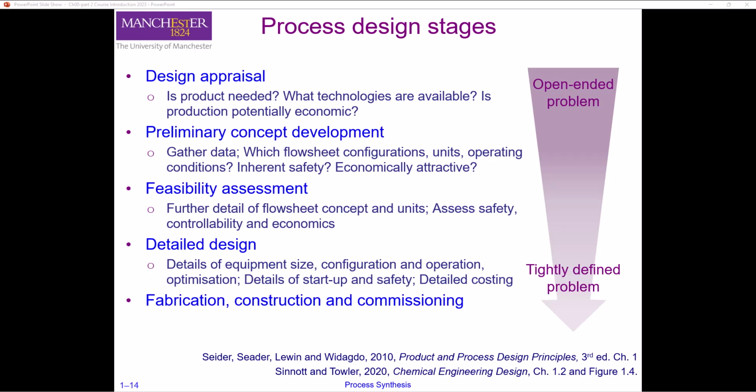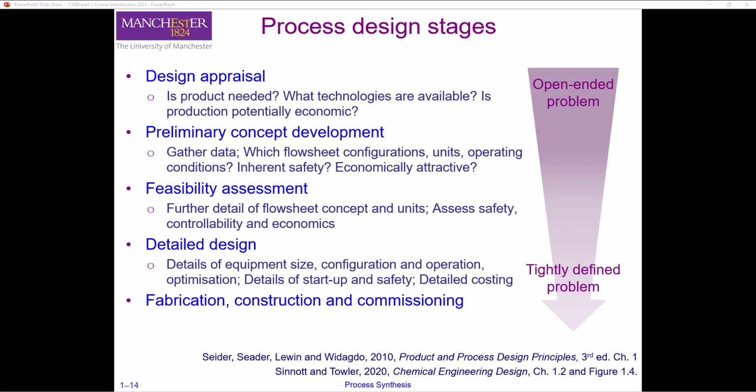So you need information about, for example, how the plant will be operated in normal conditions, how it will be operated in start-up or shutdown, what the emergency shutdown procedures are, and other special operating conditions, all of which need to be taken into account. And by the time you are ordering equipment, costs are fixed because you have already put tenders out for the equipment. So then you can do a much better economic calculation of the process.